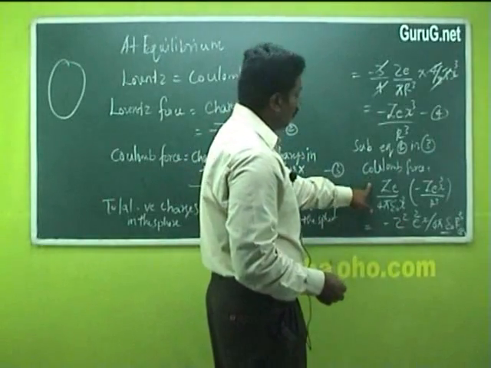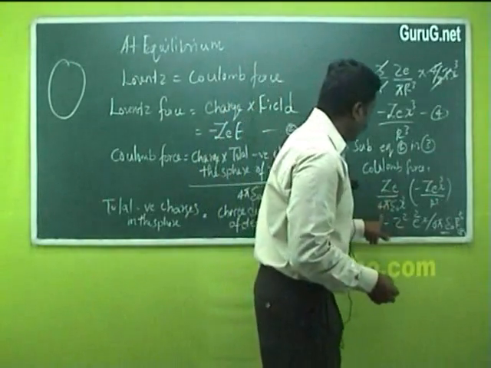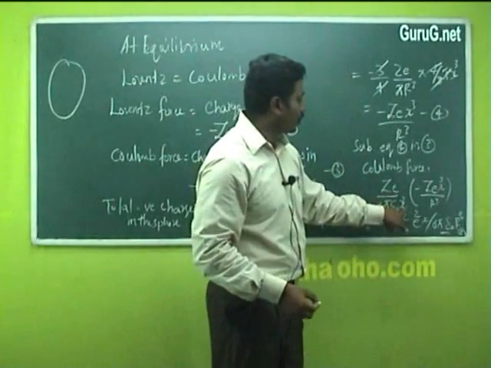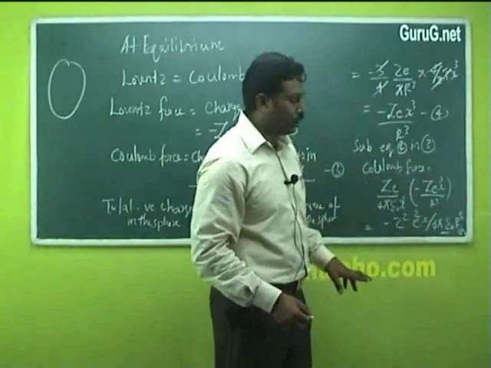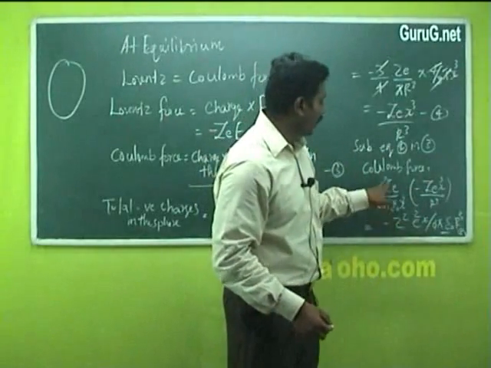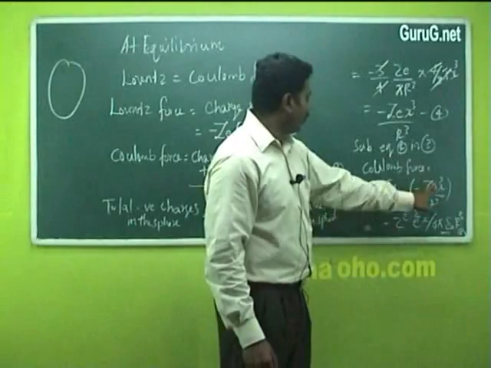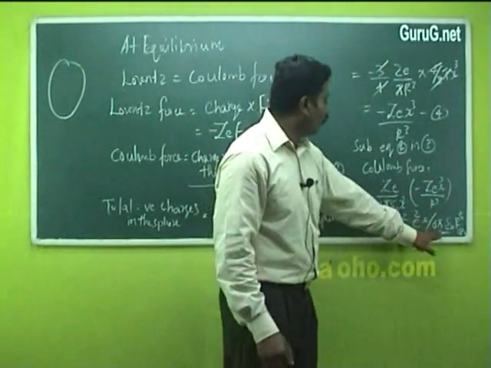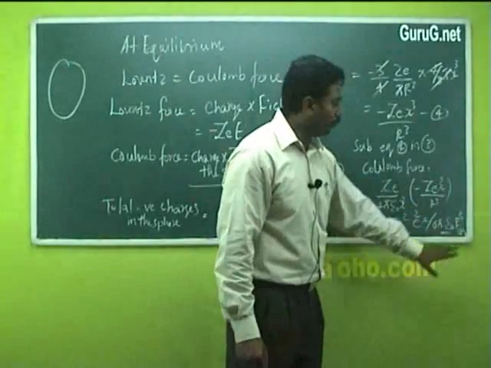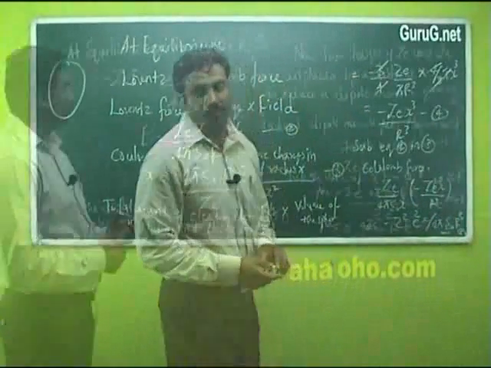So ZE divided by 4 pi epsilon naught x square into minus ZE x cube divided by r cube gives minus Z square E square x divided by 4 pi epsilon naught r cube. Put this as equation number 5.